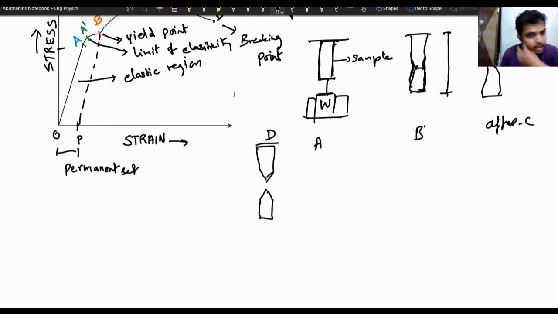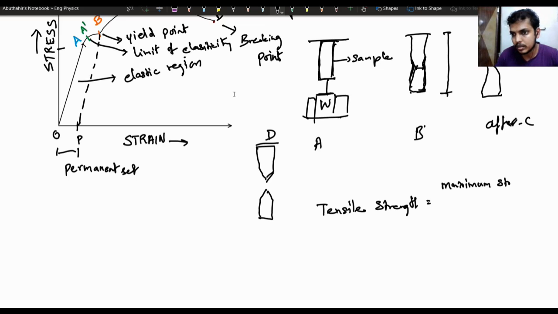Tensile strength can be written in an equation: maximum tensile stress applied divided by the original cross sectional area.